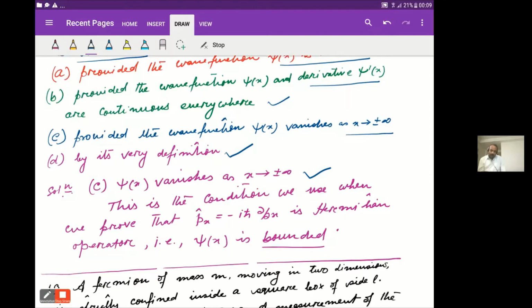So this is the condition we use when we prove that operator Px is equal to minus i h cross del by del x is Hermitian. That means we assume that psi x is bounded. Therefore, option C is the correct option. Psi x vanishes as x tends to plus minus infinity.